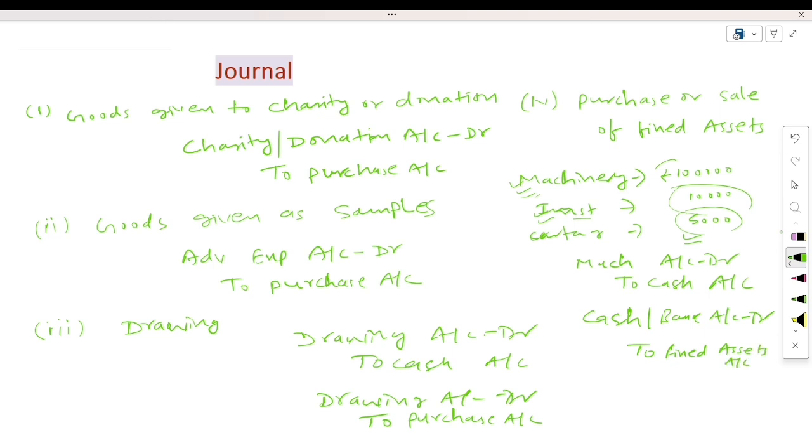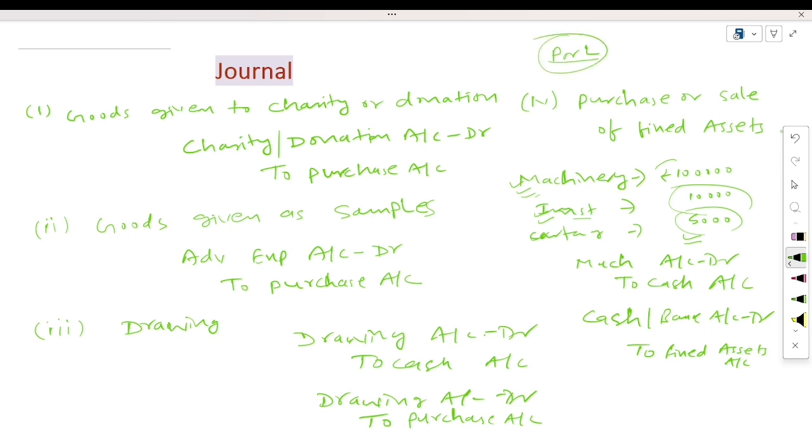But remember that at the time of selling any fixed asset that we were already using, we will have to calculate the profit or loss of that asset.